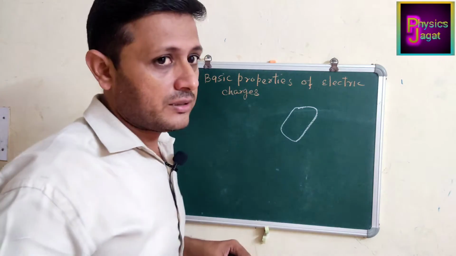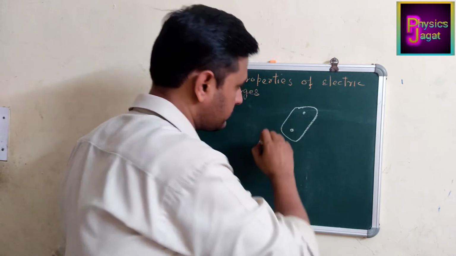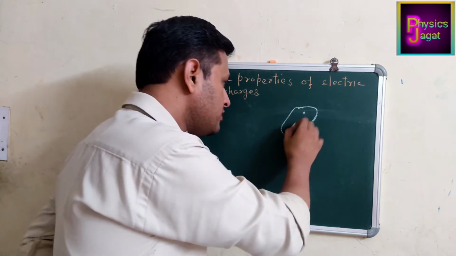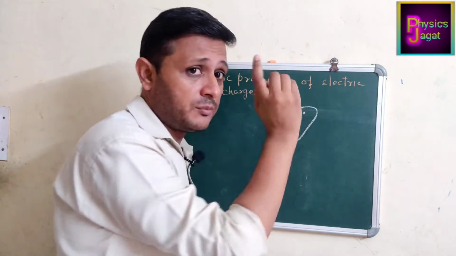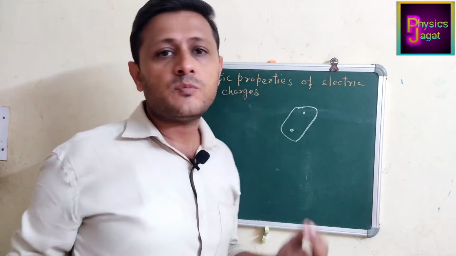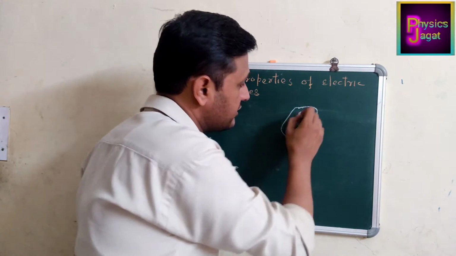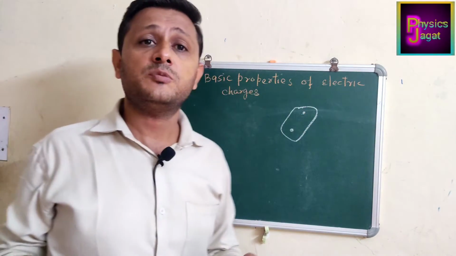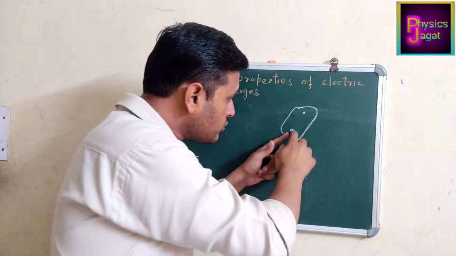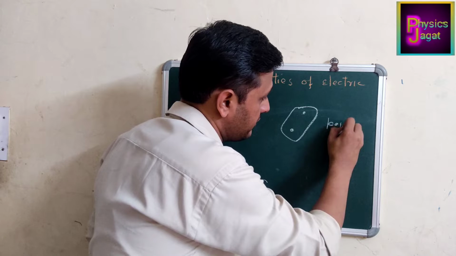But it is an assumption that if I take a system of two charges, and the size of these two charges is very small compared to the distance between them, then these two charges will be considered as point charges.